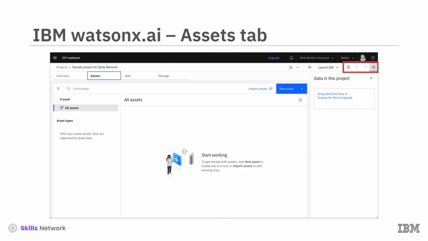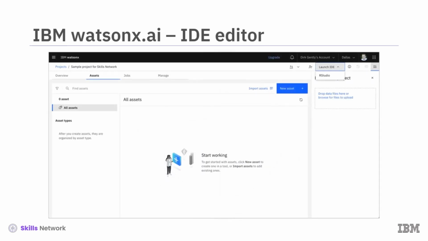Use the Context Information and Actions menu from anywhere in the project to view the project information or load data files as assets. The RStudio Integrated Development Environment, IDE, is included with IBM Watson Studio so that you can use R notebooks and scripts in your projects. Launch RStudio from the Launch IDE menu after you create a project.